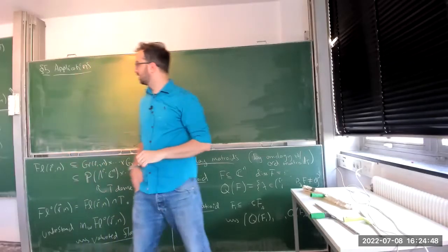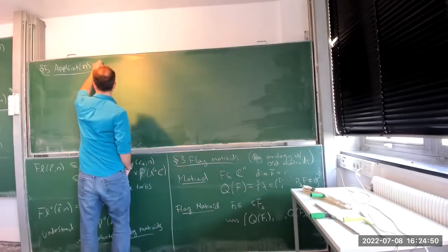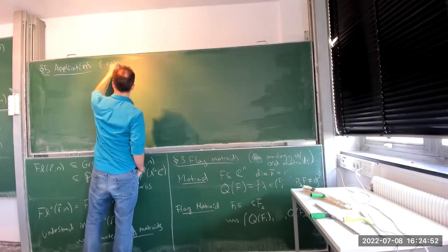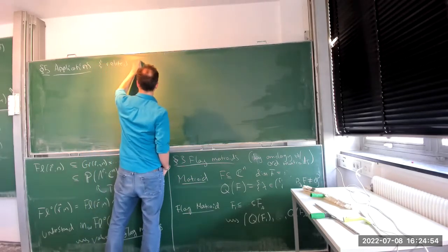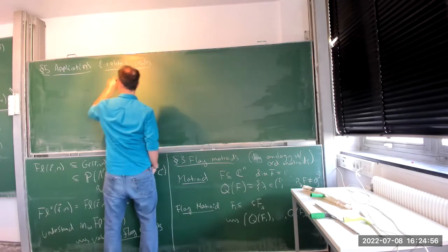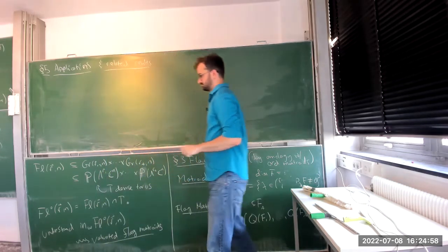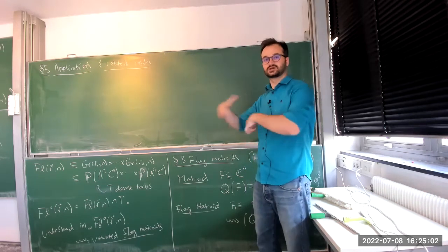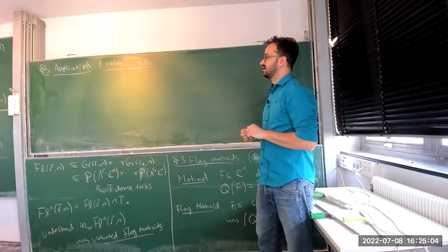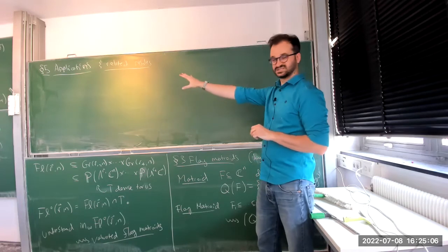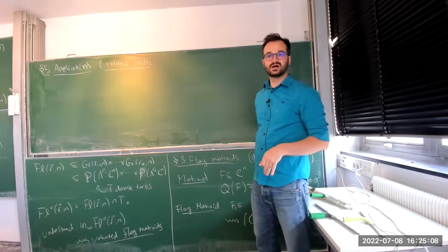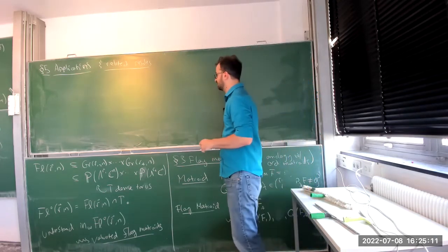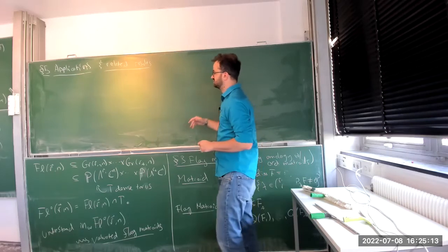Right, so I want to talk about applications and related results. As stated here, this is a strict generalization of the statement for when everything here was the Grassmannian, and this was proved in my PhD thesis.